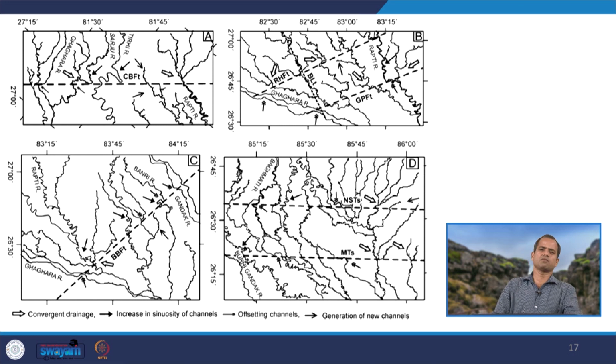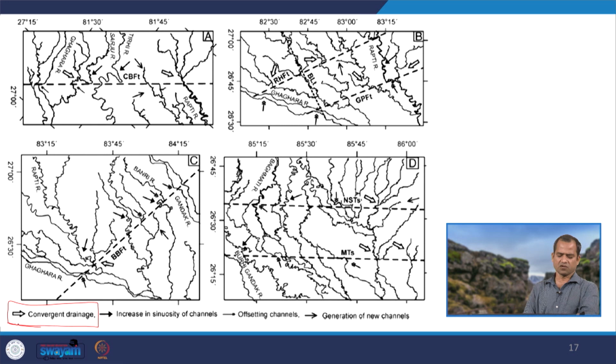When we are talking about the fluvial system, we say that the fluvial system responds very much to these tectonic activities. In this fluvial system, different types of channels or channel behavior can be identified, and those are very deterministic about the fault location and the activity of the fault. For example, in these four figures, the drainage system and fault interactions are shown, and you can see arrows with different symbols.